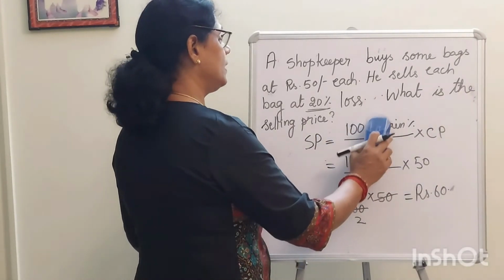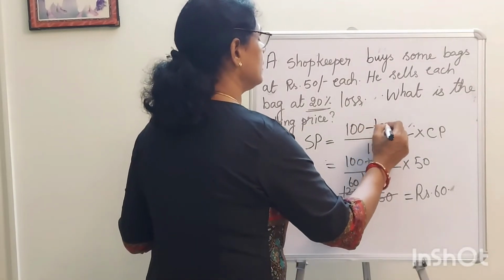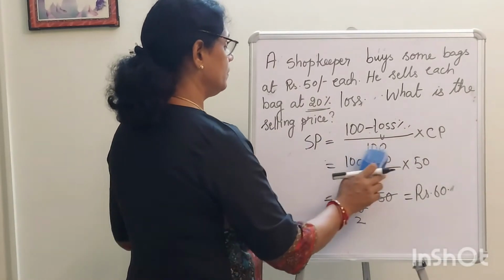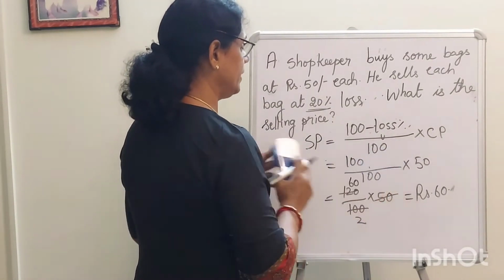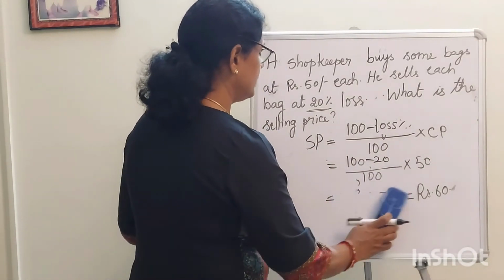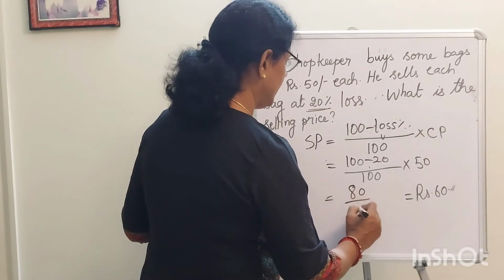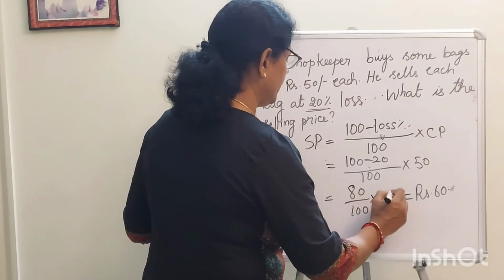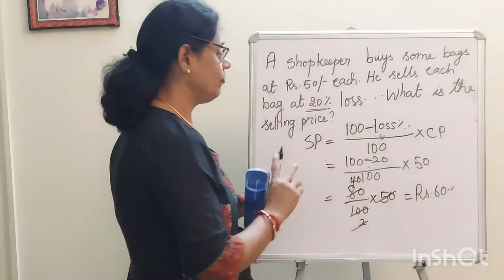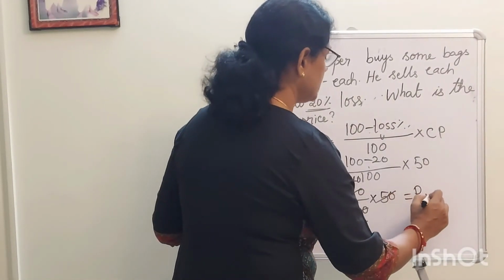Selling price is equal to 100 minus loss percent into cost price, which is 100 minus 20 into 50. 100 minus 20 will be 80 by 100 into 50. It is 40 rupees.